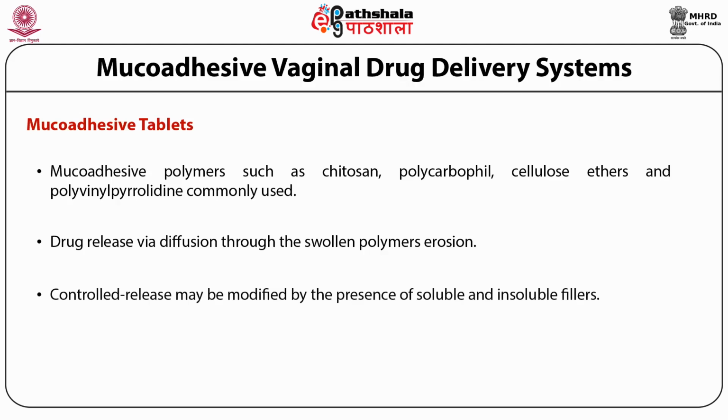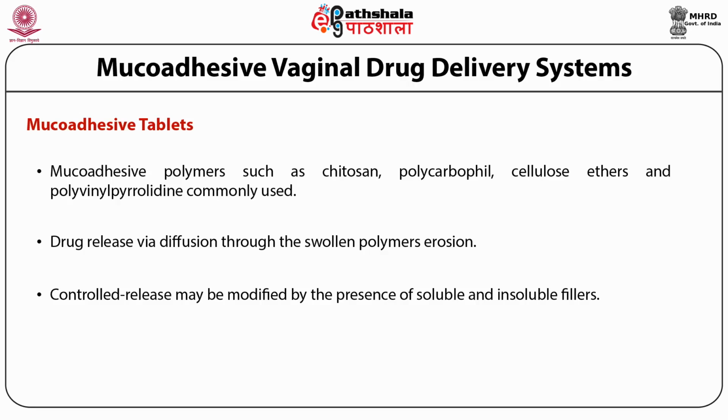Controlled release may be modified by the presence of soluble and insoluble fillers. We can use release accelerants in case the drug is not releasing properly, and a vice versa approach can be employed if we have to delay the release of the drug.